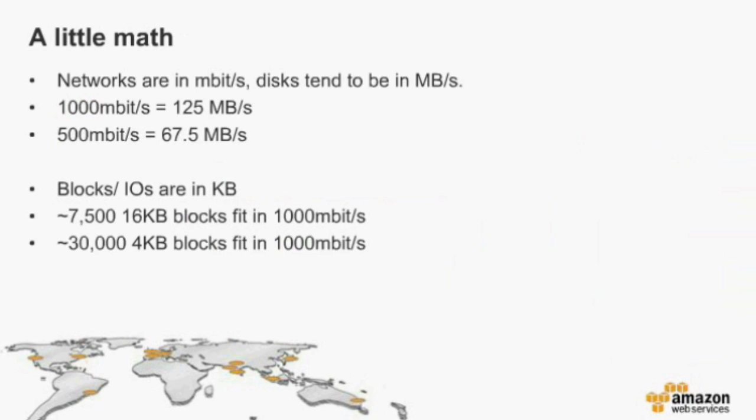So I can make an M2 4XL, that's an instance from EC2 that's pretty hefty, enabled with what's called the EBS optimized flag, and that provisions a 1 gigabit or 1,000 megabit per second connection between that virtual machine and the EBS fleet. Measured in megabits, that's 1,000. Measured in megabytes, that's 125 megabytes per second.